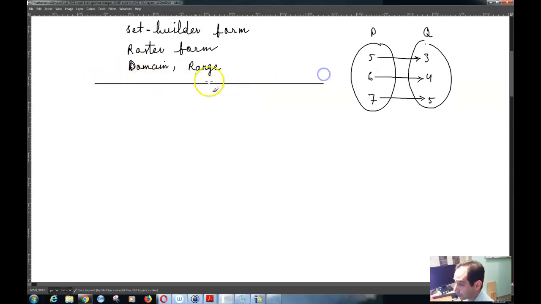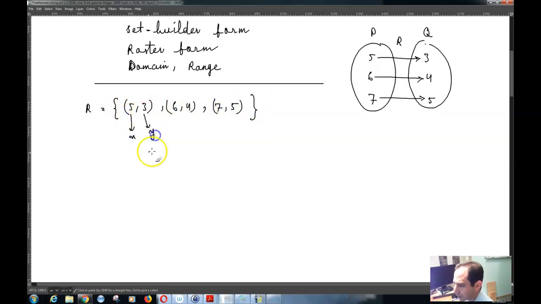Okay. So in roster form, if I call the relation, for example, R, I can say R is equal to, for example, 5, 3, 6, 4, and 7, 5. So you can see that if I call this, for example, X, and if I call this Y, you can see that Y is equal to X minus 2. 5 minus 2 is 3, 6 minus 2 is equal to 4, 7 minus 2 is equal to 5.